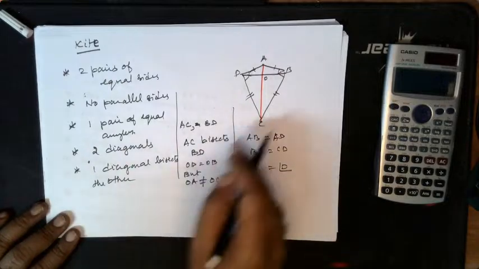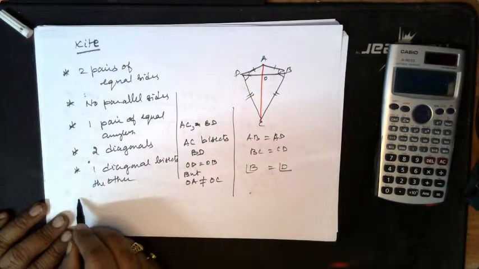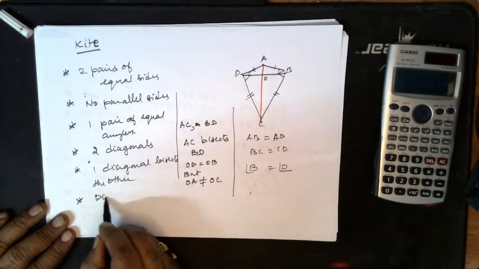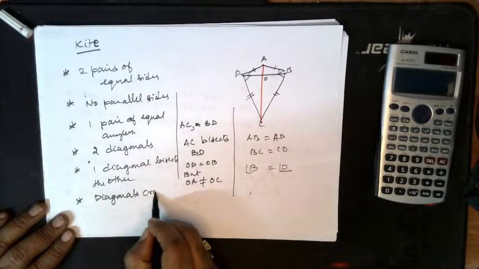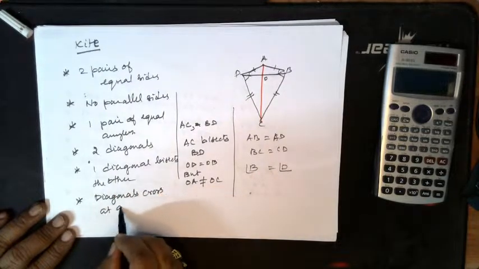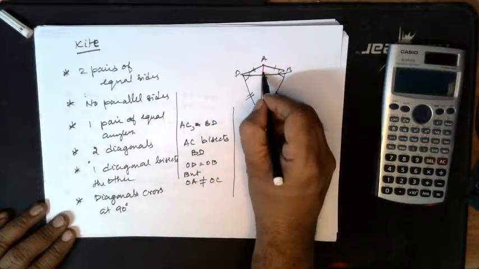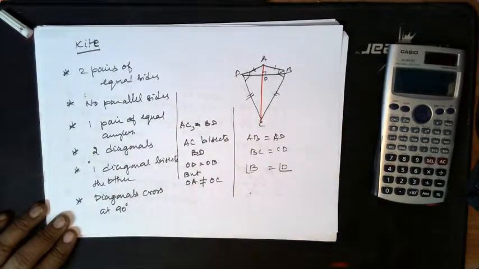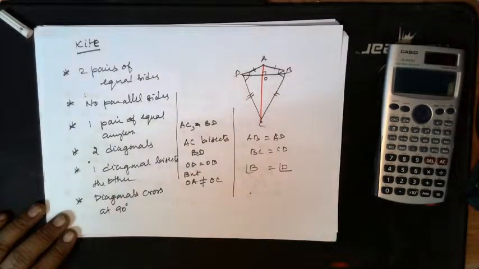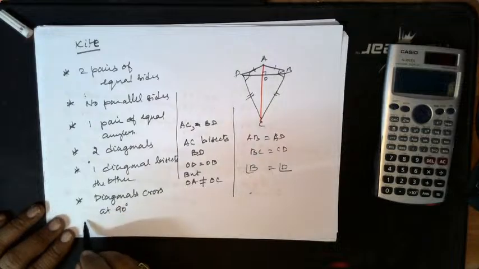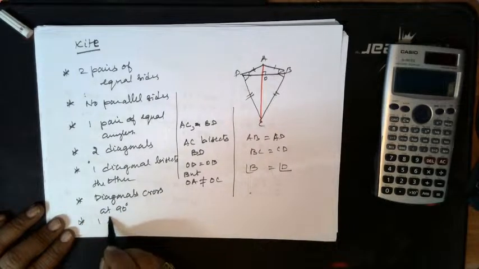And the diagonals, they cross at 90 degrees. Two diagonals, they cross at 90 degrees. So this angle is 90 degrees. AOB is 90 degrees. BOC is 90 degrees. AOD is 90 degrees. And it has one line of symmetry.